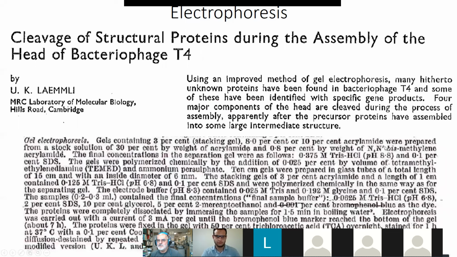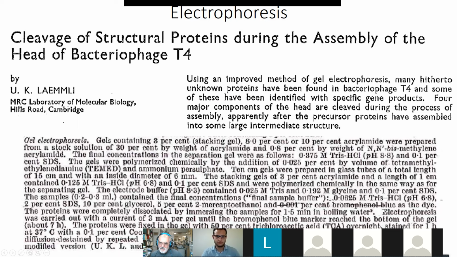And 0.8% bis. I put down 1%, but I think this may actually be the mixture. And then notice it's pH 8.8 tris with some SDS. And then he uses TEMED and he uses ammonium persulfate. And then notice that the stacking solution is pH 6.8 tris. And then the running buffer is tris glycine with SDS.